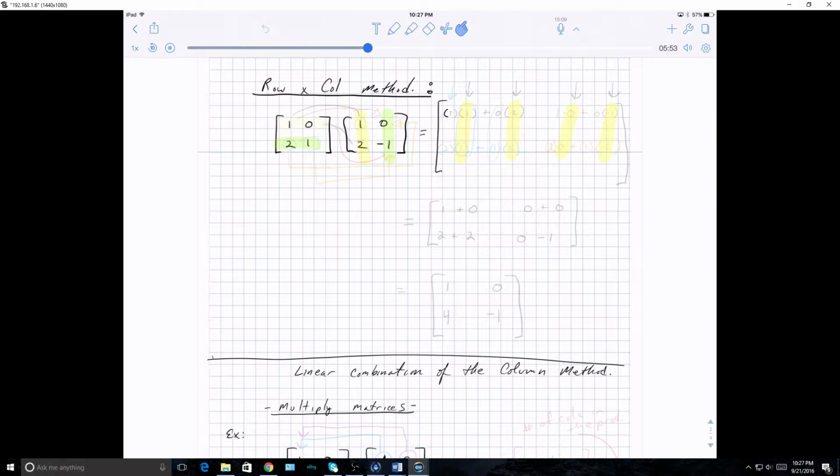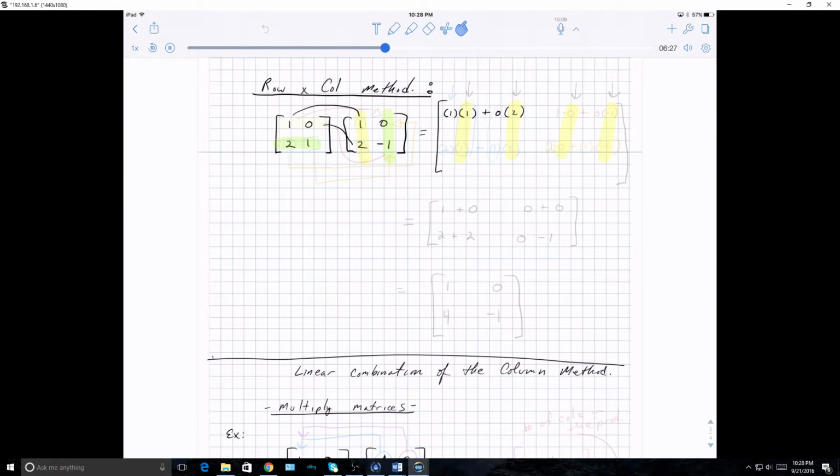So it's going to be 1 times 1, plus the 0 times 2. So notice what we're multiplying: the first element by the first element, and the second element by the second element, in either the row or the column. Now we'll go over to the next one here, and we'll do that in red.